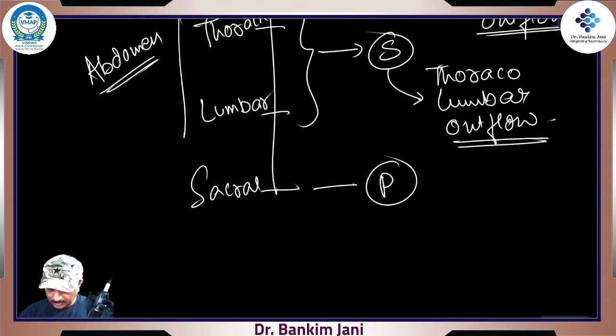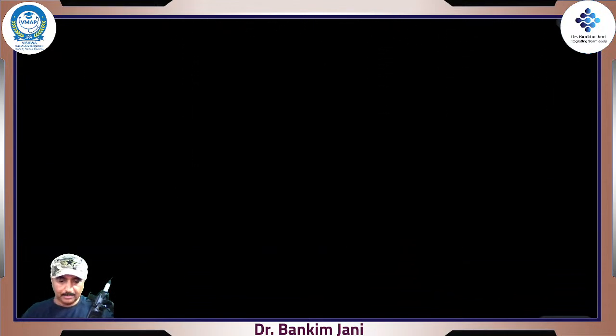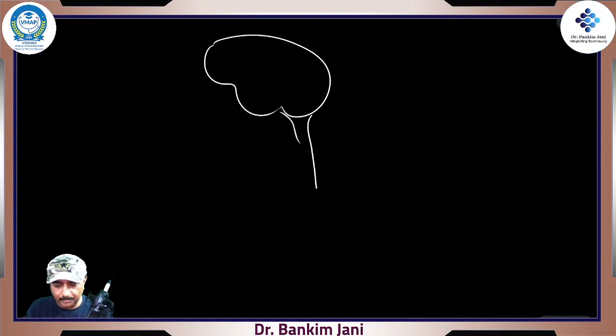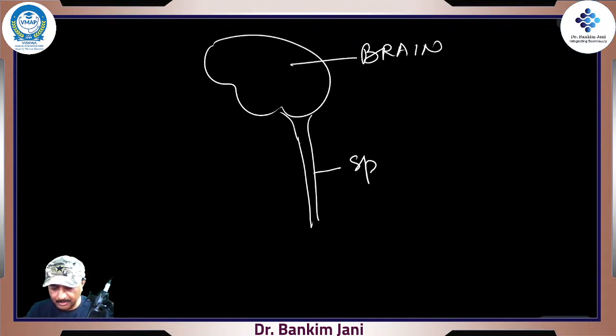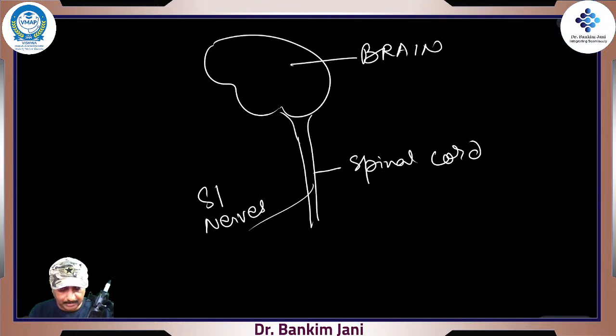So again, this is a brain. From brain there is spinal cord, and from spinal cord those nerves will be going, these are the spinal nerves, and they will be going towards their target.